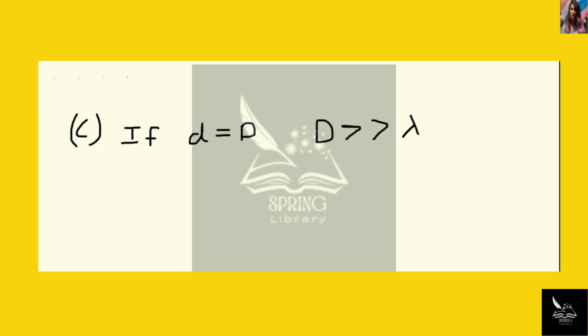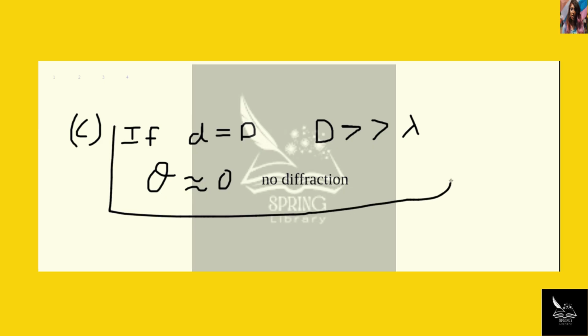Well, if the width of each slit is much greater than lambda, then the diffraction angle, theta, is going to be approximately 0. Or in other words, no diffraction. And you'll just see the image on the screen. So we'll say no diffraction. And all of this can be boxed in as our solution for part C.